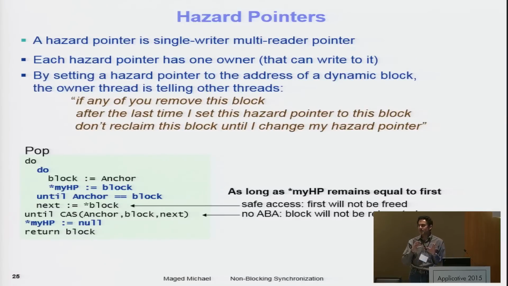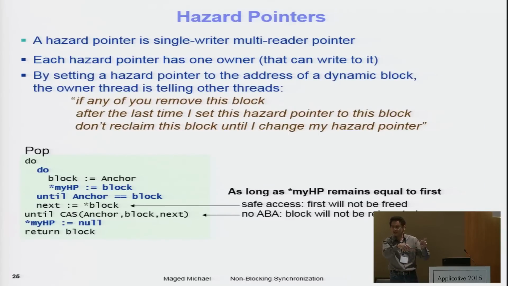Even if someone removed it and put it back, that's okay, as long as I check that it's already there and I already set my hazard pointer. From that point on, I am guaranteed that it will still be there until I change my hazard pointer. So basically, it is safe.